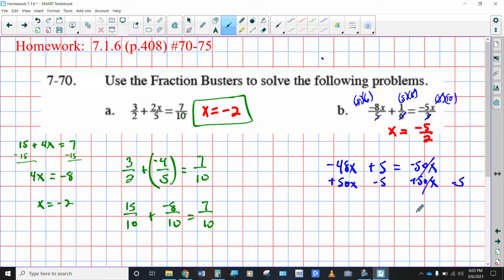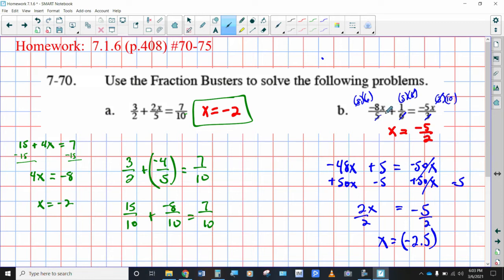So they cancel, leaving you with negative 5. This ends up giving you 2x. Now when you divide by 2, you get x equals negative 5 over 2, or negative 2.5. So that ends up being our answer.